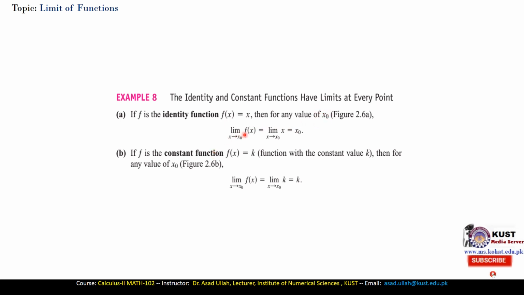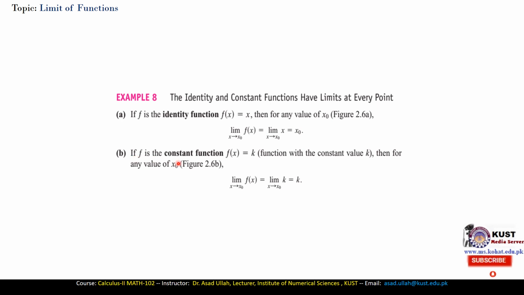Limit x tends to x naught, f of x is equal to limit x tends to x naught of the function value, that is f of x is equal to x, and using this x naught in the function, using the direct substitution property, we get x naught. This is the limit of the identity function. So the limit of the identity function is x naught as x tends to x naught.